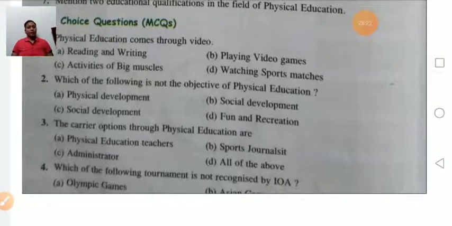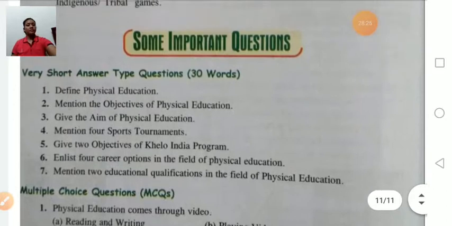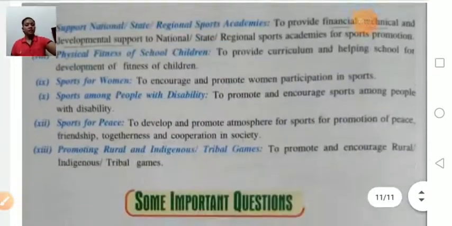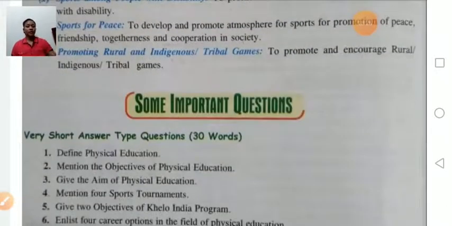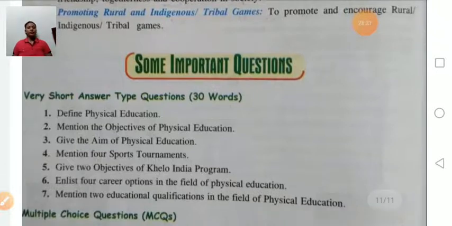Physical education means education. Physical means any body movement or body actions, and education means knowledge, gaining knowledge or the process of learning, which, if we get knowledge, helps to modify our behavior.